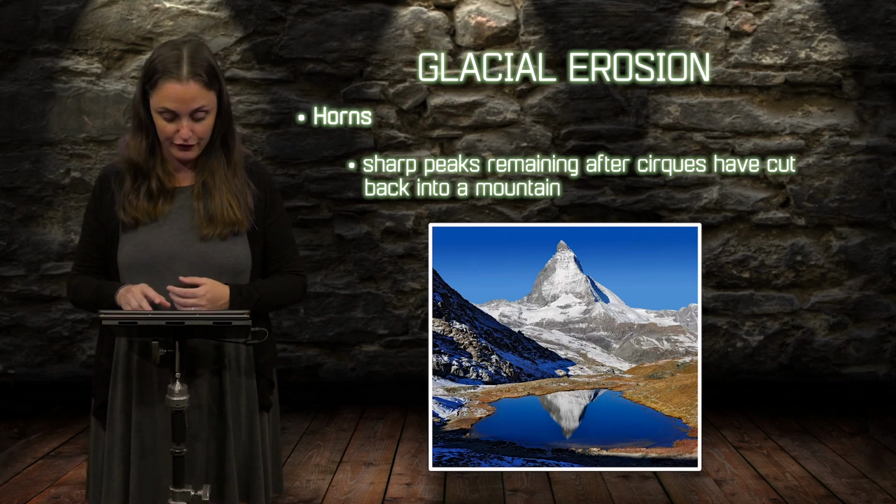The other thing that's going to happen as that ice from the cirque flows down the mountain excruciatingly slowly is you're going to have valleys form from this ice, but they're fundamentally very different from the valleys that tend to form from rivers.